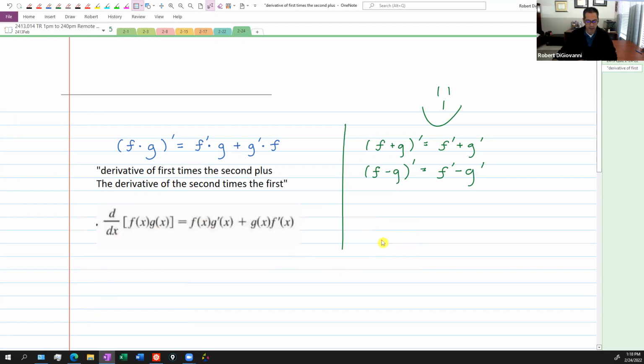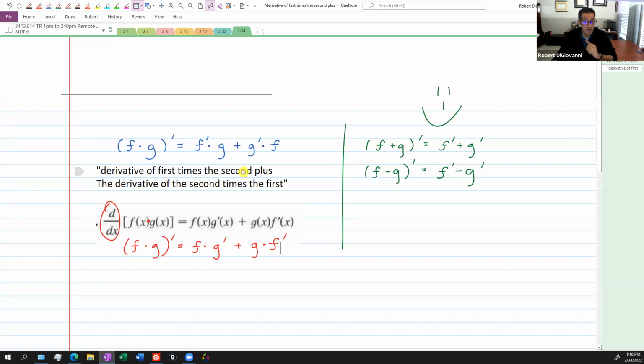The way the book is doing this, they're saying, if you want to take the derivative of two functions being multiplied, f times g, then you're going to do f times the derivative of g plus, and then they write g times the derivative of f. Do you see how that looks different than what I'm showing you?